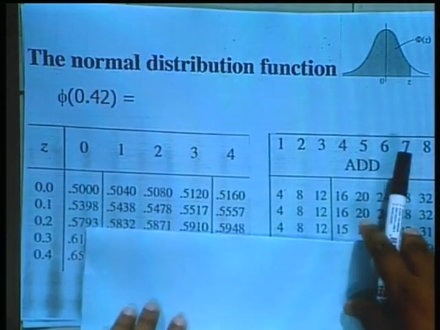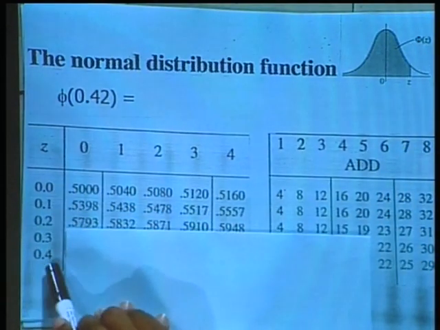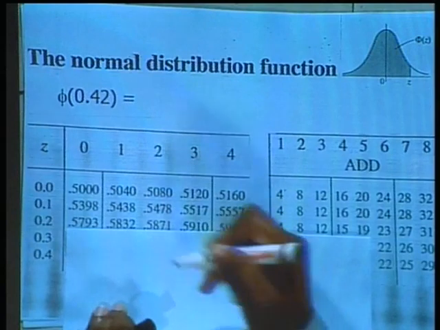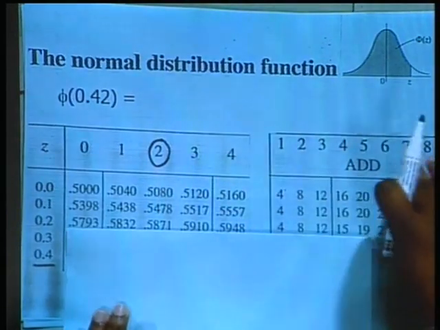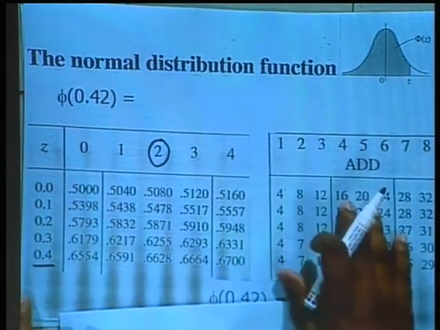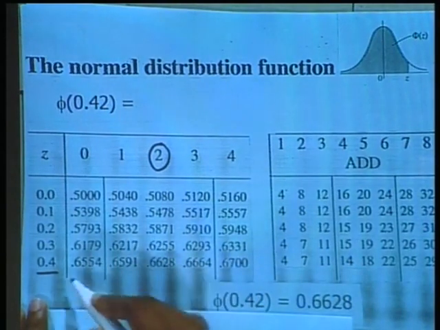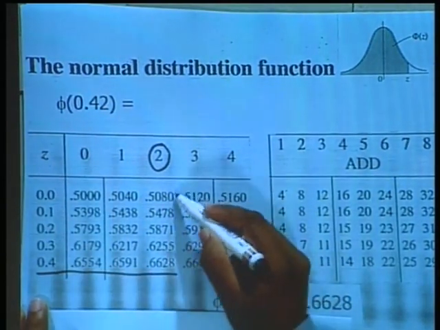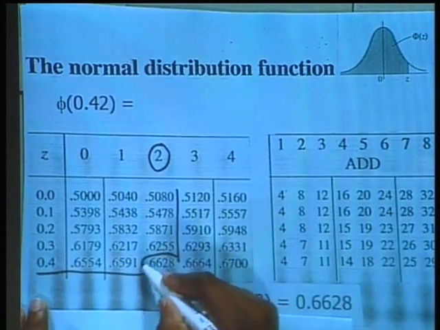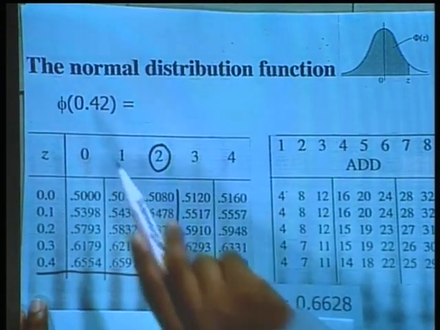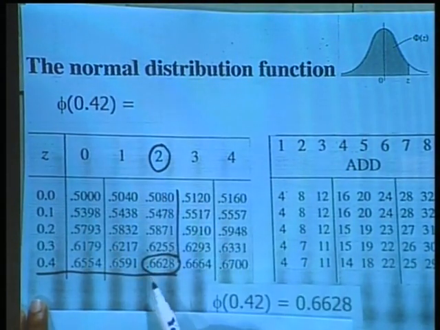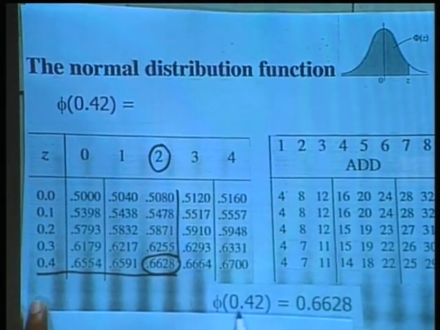So we need to locate, first of all, 0.4, and then the second decimal place is 2. And we read the value of phi. So this is the value of phi. Phi of 0.42 is 0.6628.